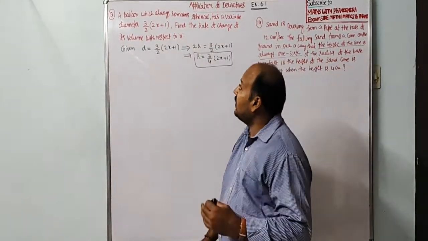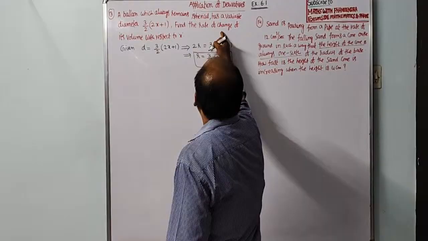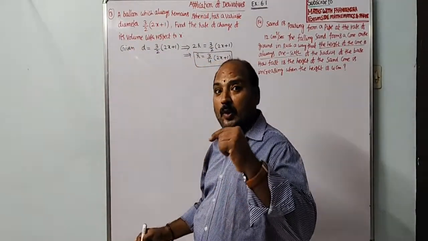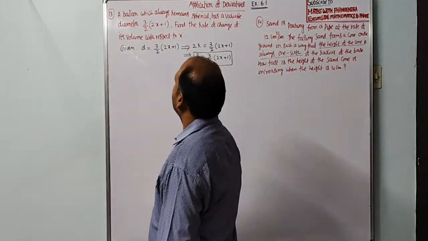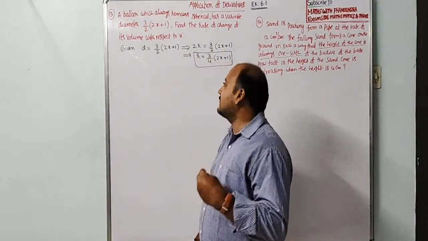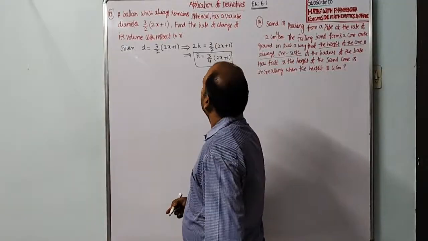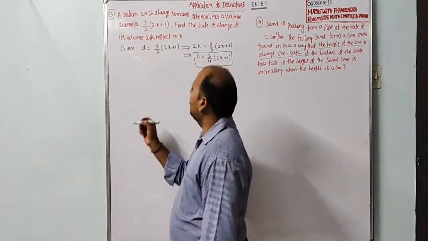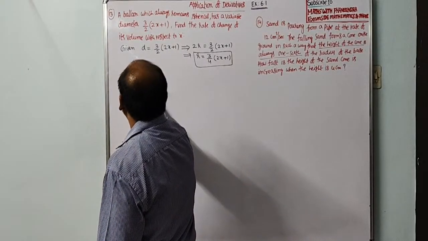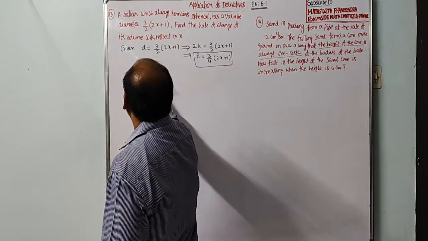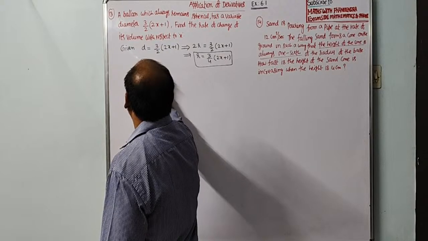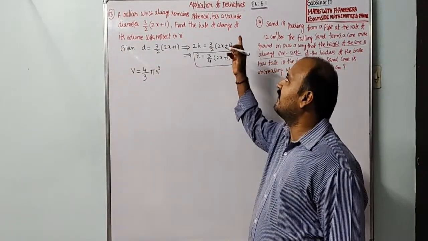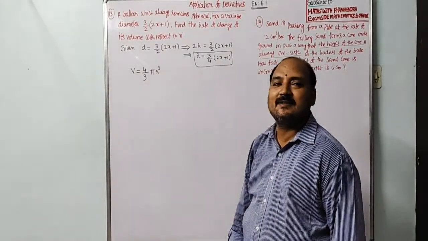Later, they are asking the rate of change of volume with respect to x. What is the volume of the sphere? Volume of the sphere V is equal to 4 by 3 pi r cube. But the r value in terms of x is there, no dear students?